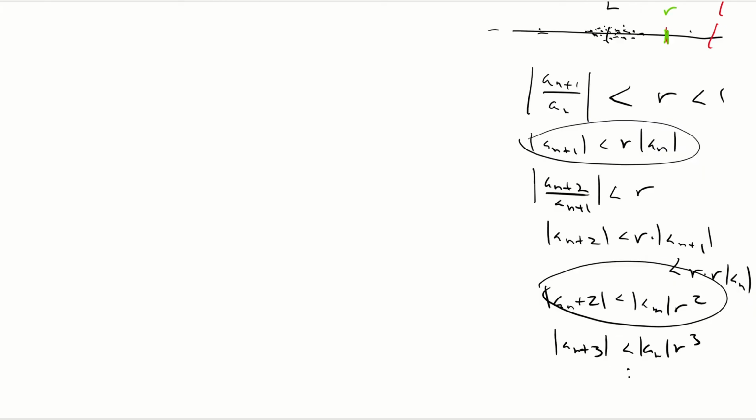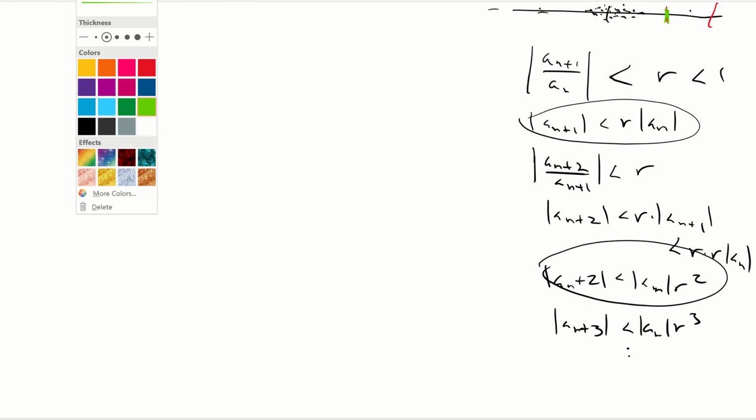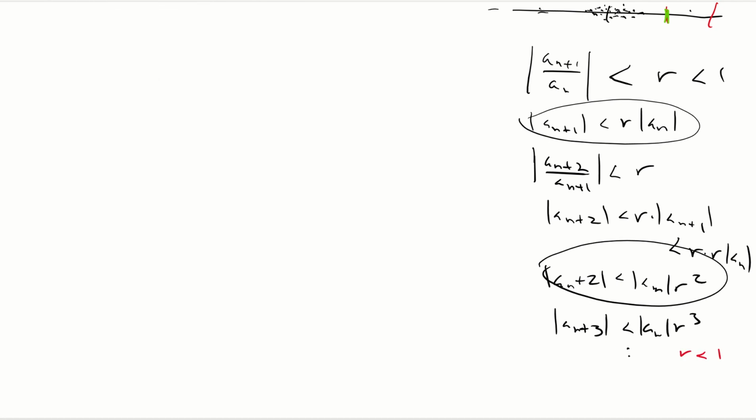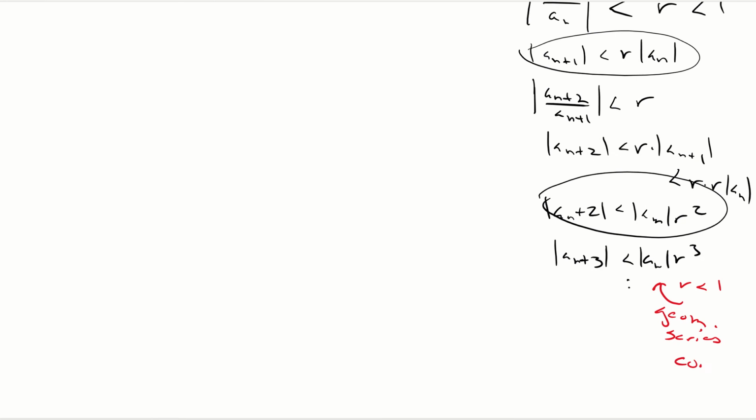And here's the story. This r is less than 1, and this is a geometric series. So that means it converges, because r is less than 1.